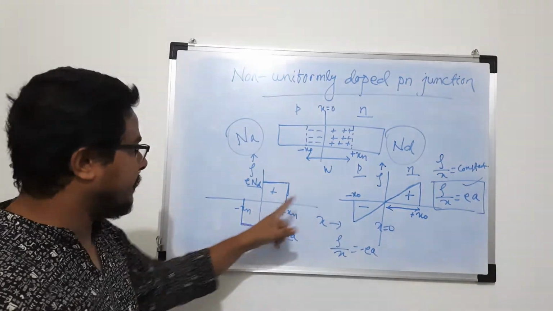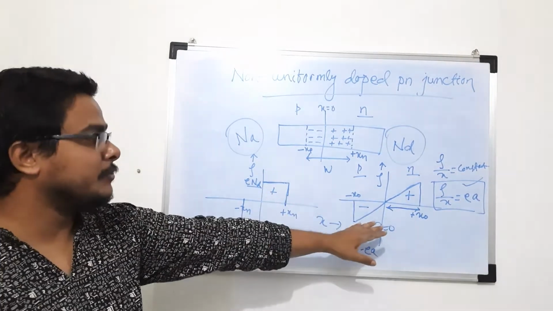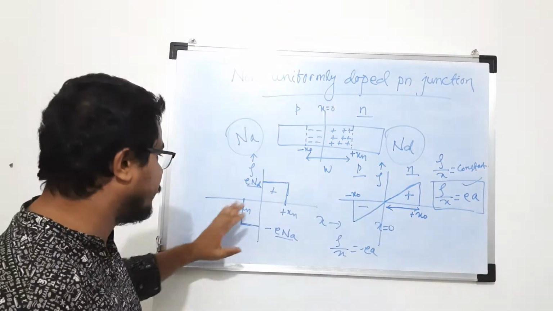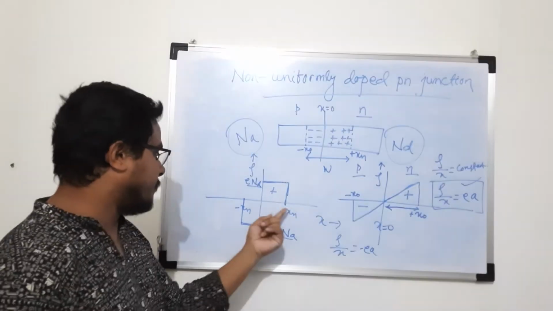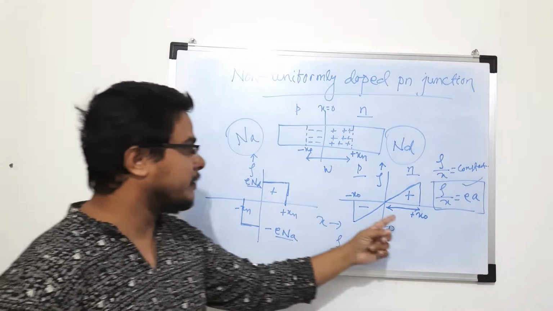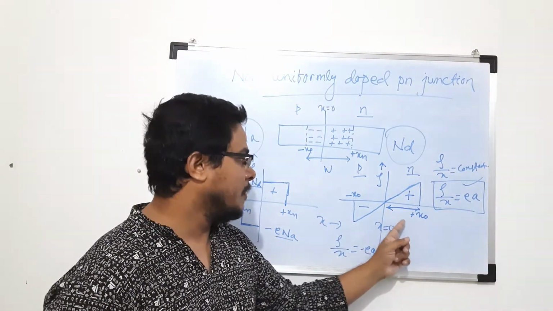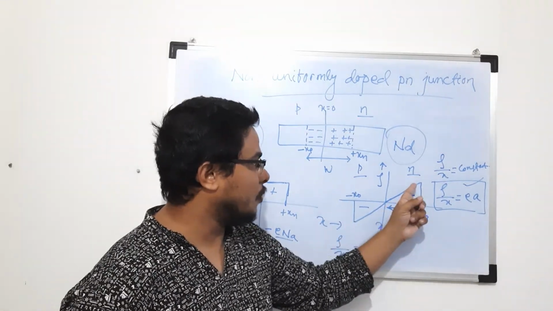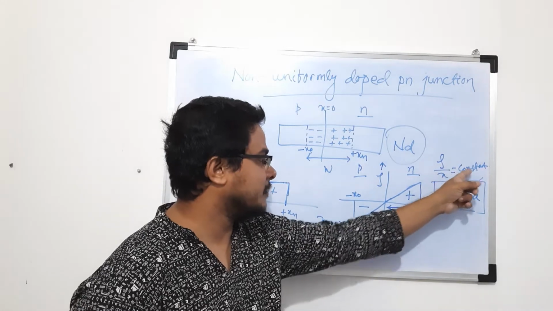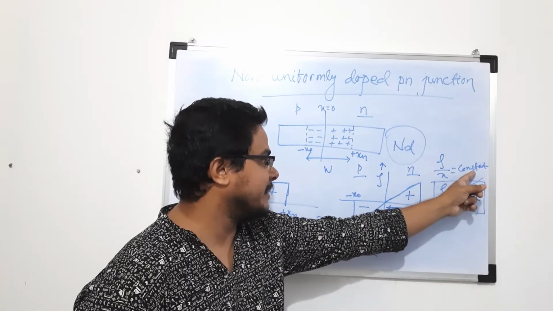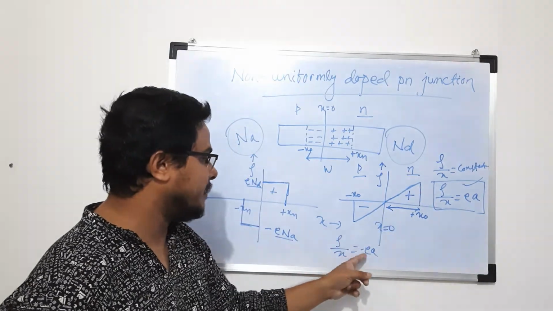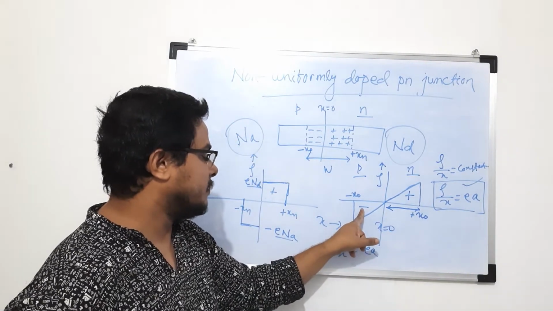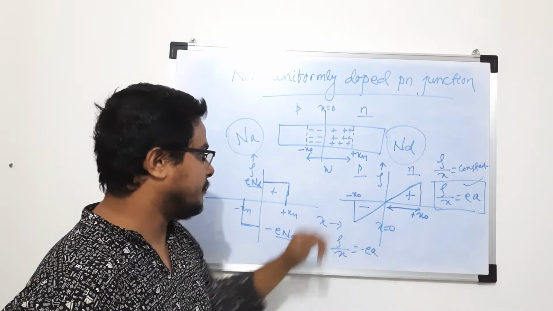Compare these two charge distributions, and you will be able to find the difference between the uniformly doped PN junction, with its depletion region and abrupt boundaries, and a linearly graded impurity distribution, where rho by x has a constant slope, a constant gradient. That gradient is ea in the N region, and minus ea for the P region because of the negative charge.